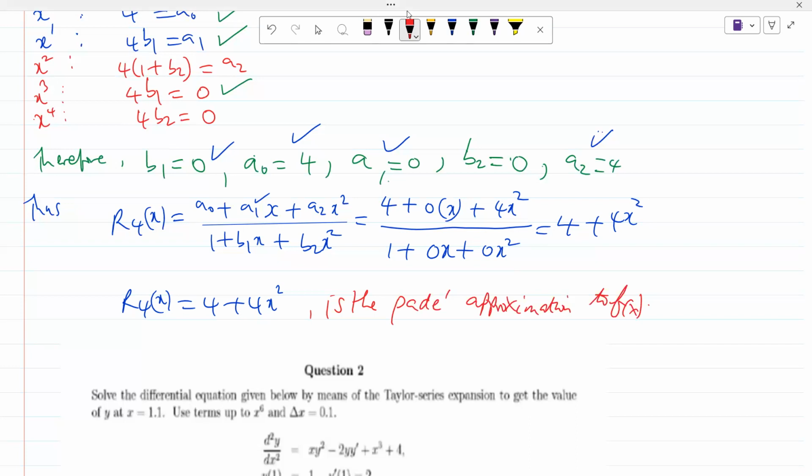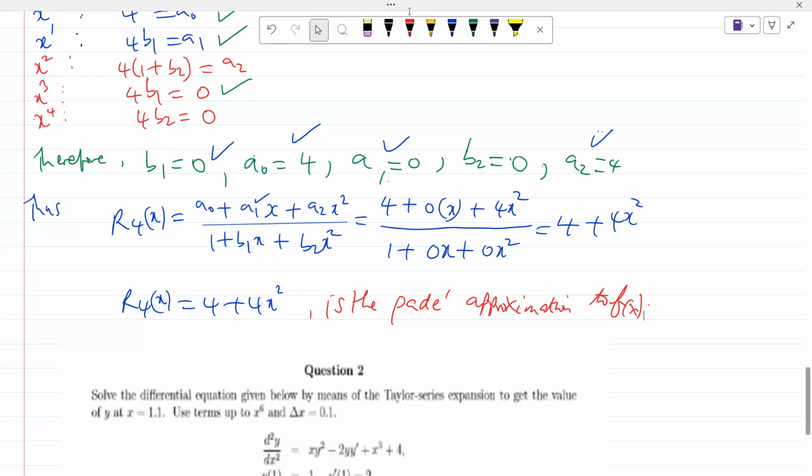But I want to mention something in passing: as we speak about these Pade approximations, and we have found the Pade approximation to a sixth order polynomial, what is the general description of what we call the Pade approximation? I think it is very significant that we discuss this.